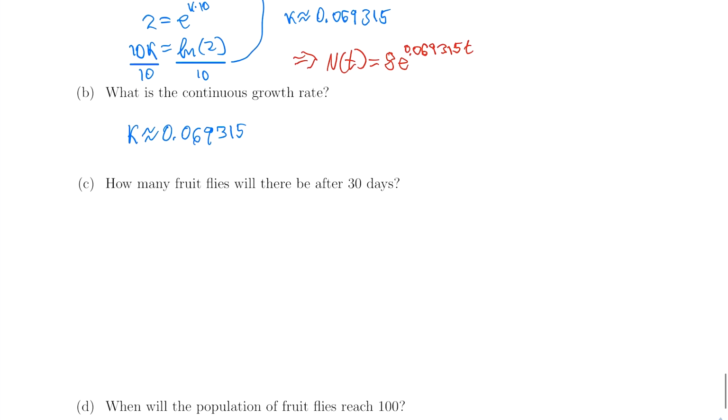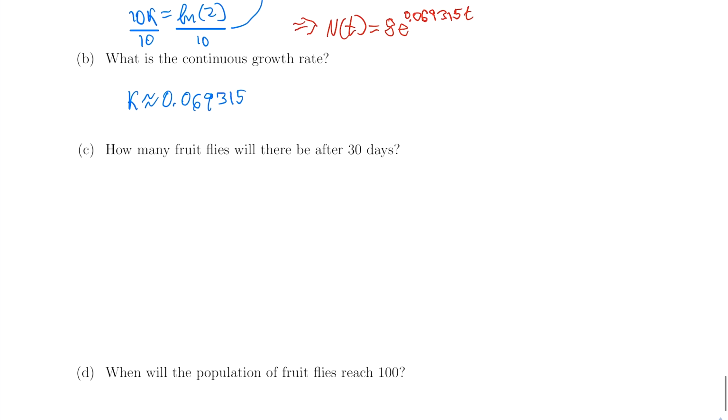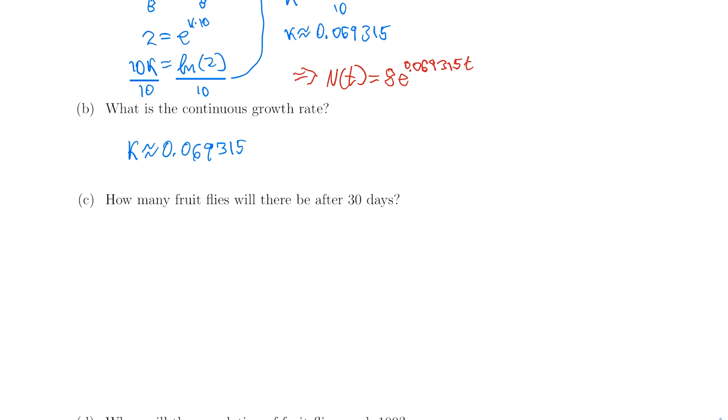Now the next question, we had something like that already in the previous video, but let's reiterate that one more time: how many fruit flies will there be after 30 days? Now 30 days is t, so t equals 30, and that's just what we plug in.